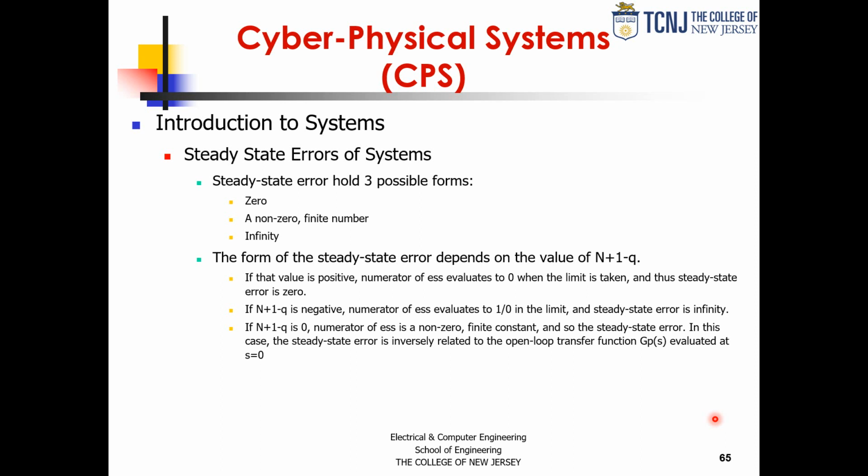You have to define what that is, and you have to define what your test input characteristics need to be to try to find the conditions at which you get perhaps 0 steady state error, a finite number of a steady state error, or your steady state error does not converge. So that's the principle that I want you to remember.